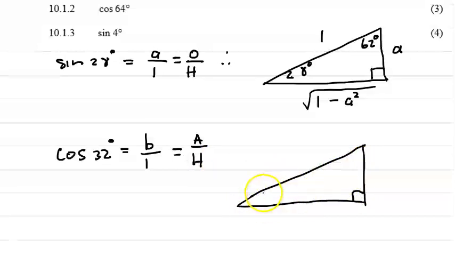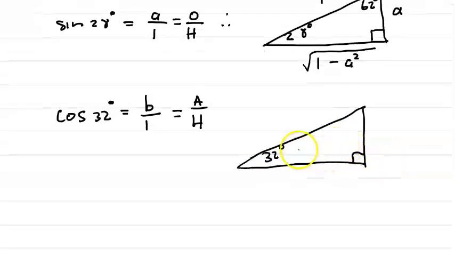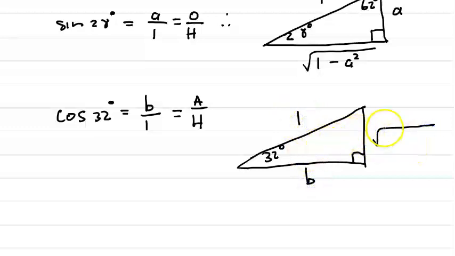So that's going to be 32 degrees, and that's my reference angle. There's my opposite side here, but my adjacent side will be down here. So that'll be B, adjacent over hypotenuse. Using the theorem of Pythagoras, the opposite side will equal the square root of 1 squared, which is 1, minus B squared.